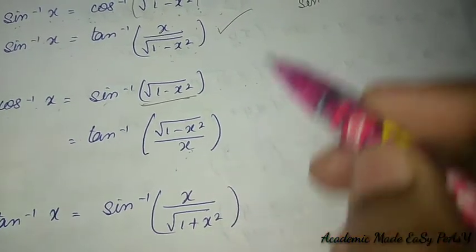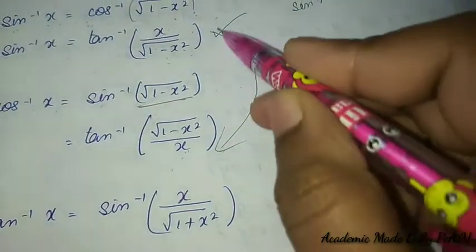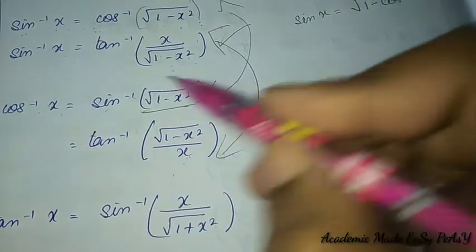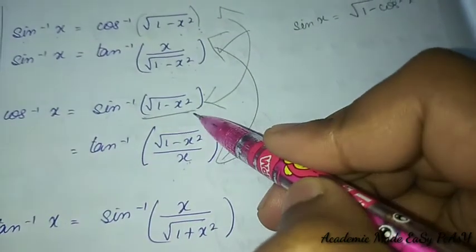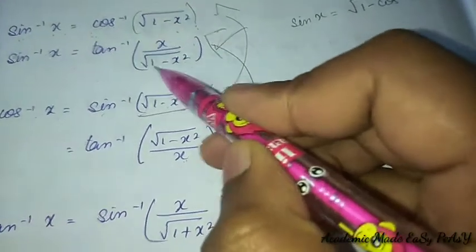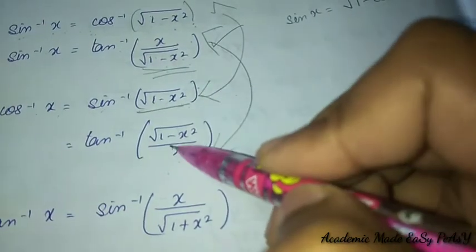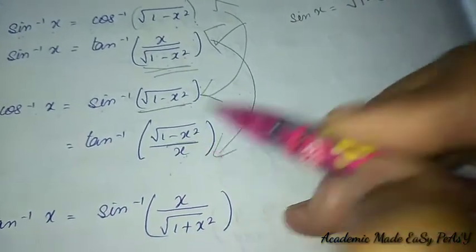Just relate these two. For both cos and sine it will be the same. So root of 1 minus x square will be the same. For sine, the root of 1 minus x square is in the denominator for tan inverse. For cos it will be in the numerator.